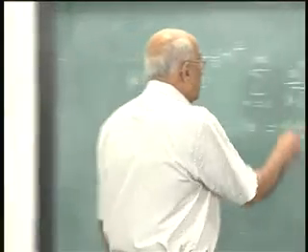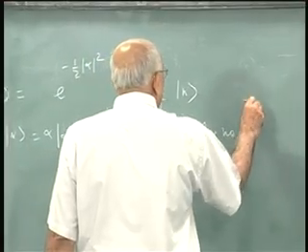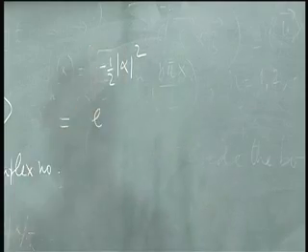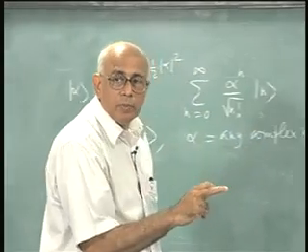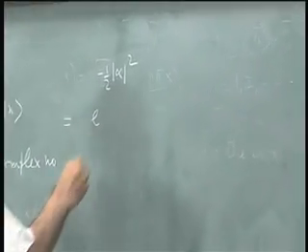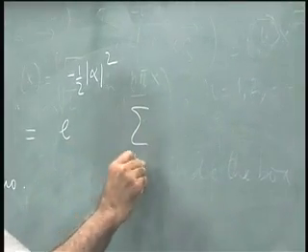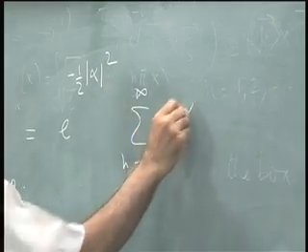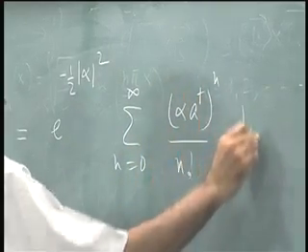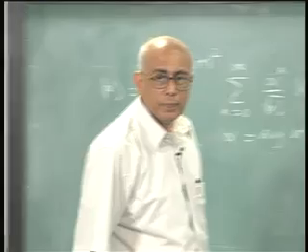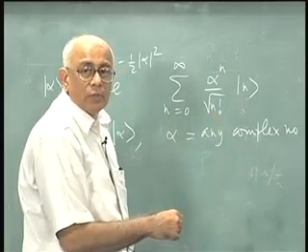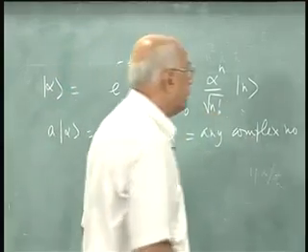But you can also rewrite this in another form. You can write this as e to the power minus a half mod alpha squared. We know that n itself can be found by taking a dagger and acting on the ground state, and therefore this becomes summation n equal to 0 to infinity, alpha a dagger to the power n over n factorial, acting on the ground state, because a dagger to the n on 0 divided by square root of n factorial is in fact the excited state n.